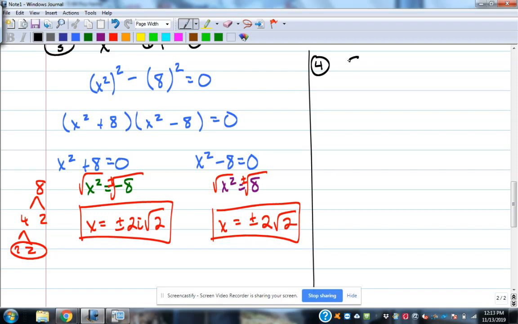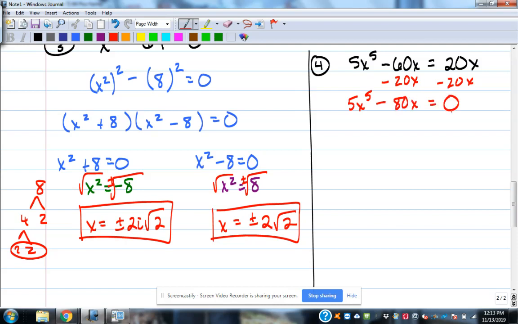All right, let's look at this one. 5x to the 5th minus 60x equals 20x. First step. 20x, move it over. 5x to the 5th minus 80x equals 0.